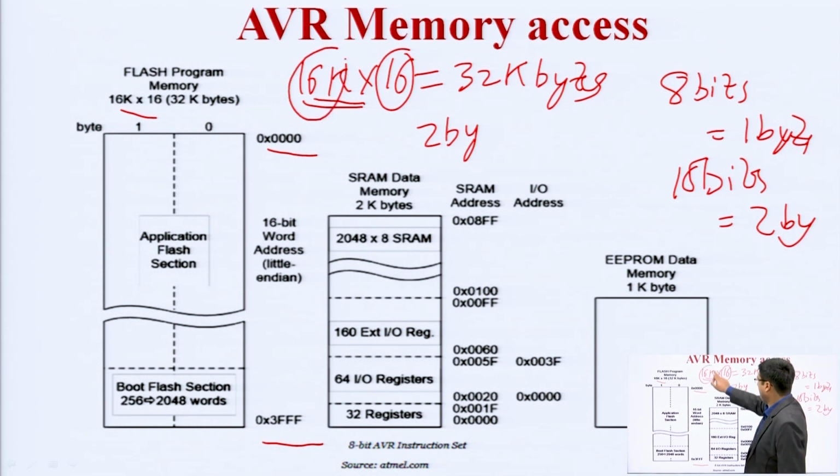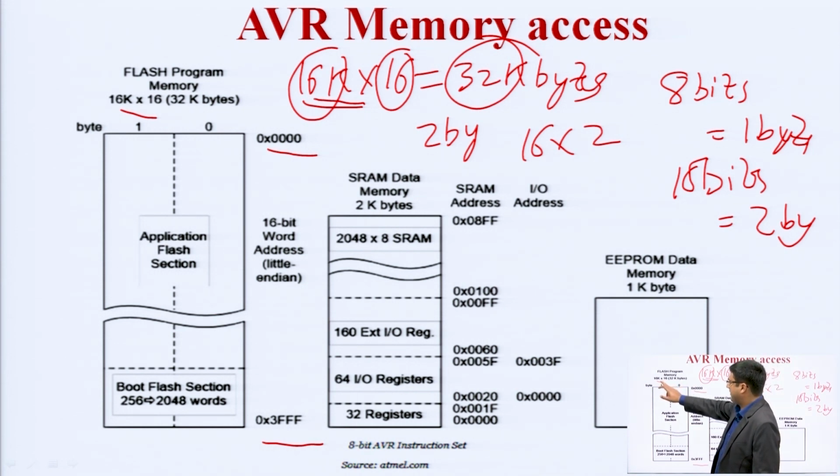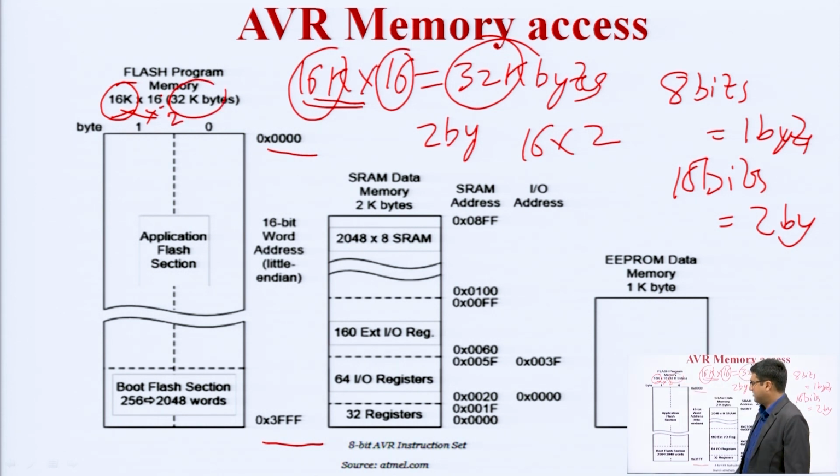So 16 into 2, how much? 32 kilobytes. So 16K into 16 means that there are 16K locations, and each is 16 bits, meaning 2 bytes. So the total is 32 kilobytes.